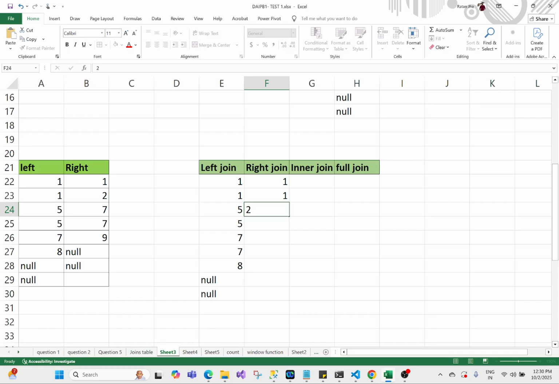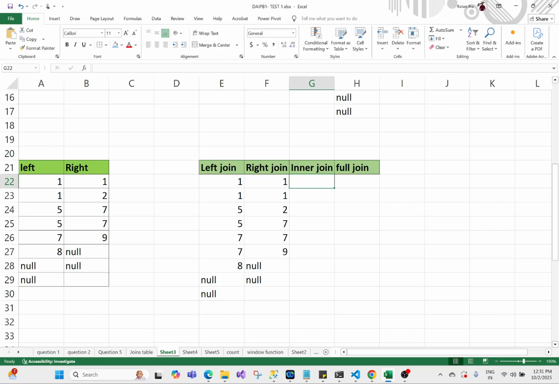So 2 is here. What about 7? 7 will come two times. 7 and 7. What about 9? 9 is present in the right table but not in the left table, but we will keep 9 here. What about null? Null is unknown, but null is present two times. So we will write null and null.